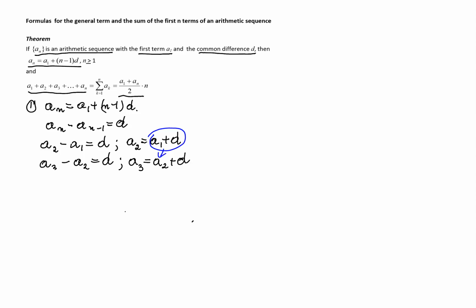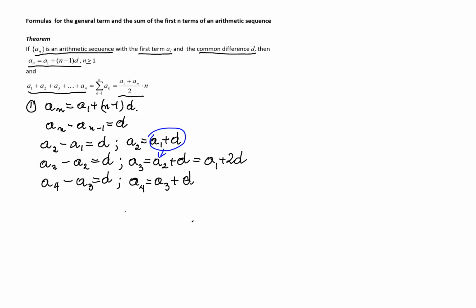So if we use this in this formula, we'll have that a sub 3 is a sub 1 and we'll have 2 d's. And then if we take n equal 4, we have a sub 4 minus a sub 3 is d. And therefore a sub 4 is going to be a sub 3 plus d.